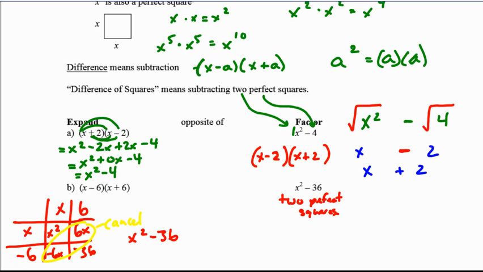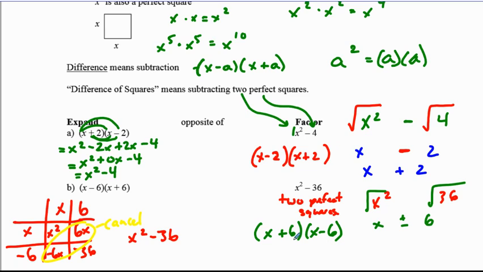So take your numbers, x squared and 36, and square root them. Okay, and you're going to get x and 6. So x plus or minus 6, basically. So it can be two things. It can be x plus 6, x minus 6. Same as what we started with.